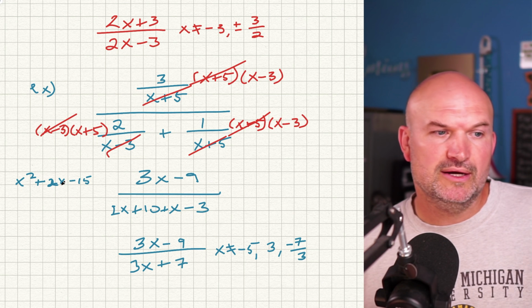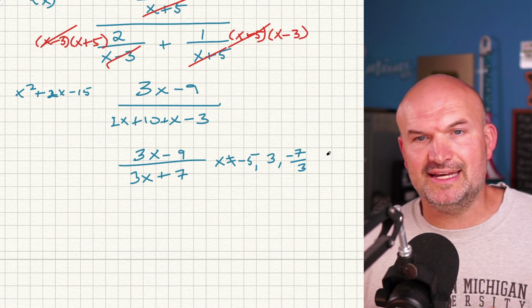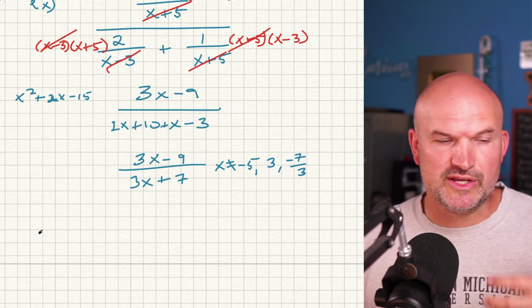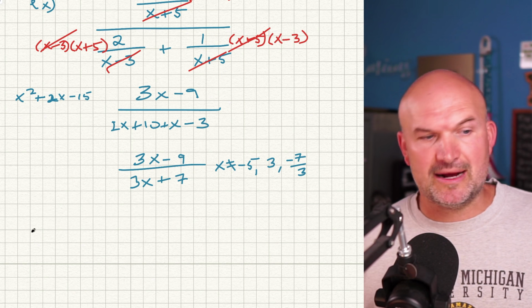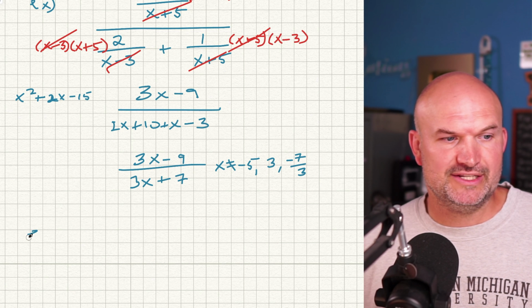You don't want to combine them together. But fortunately, usually in the chapter on rational expressions, we go over finding common denominators for polynomials and binomials a lot. So hopefully it'll get a little bit easier for you.